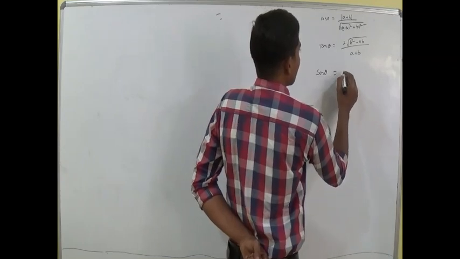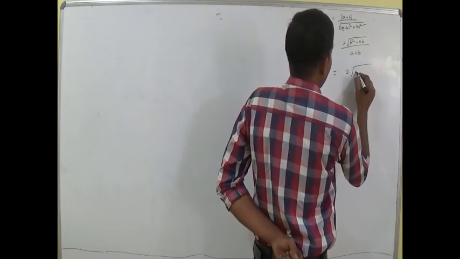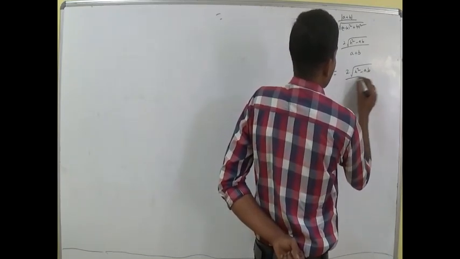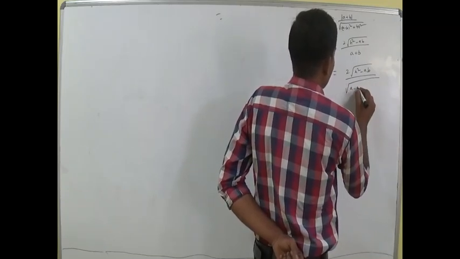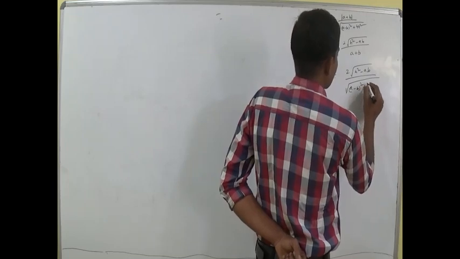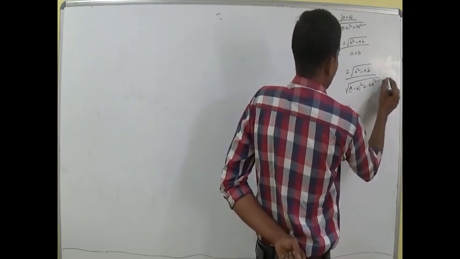Sin theta equals 2 root of h square minus ab by square root of (a minus b) whole square plus 4h square.